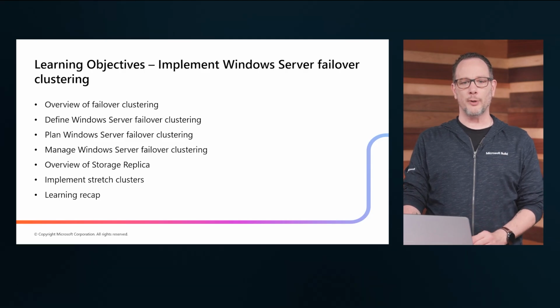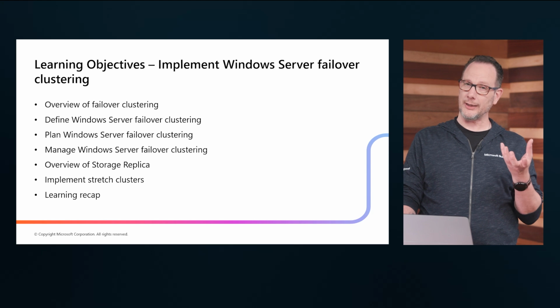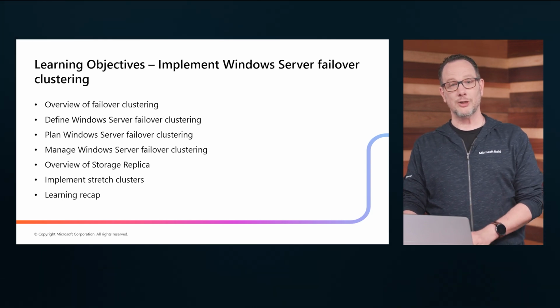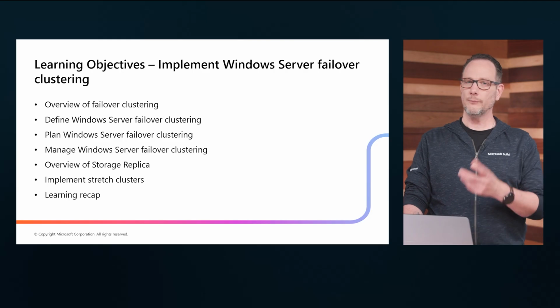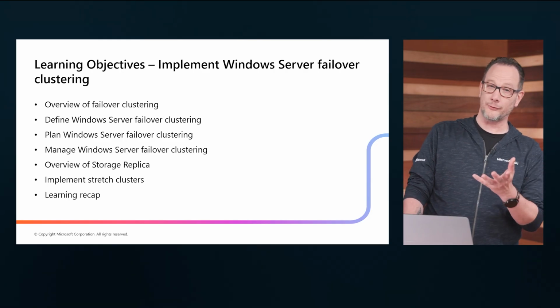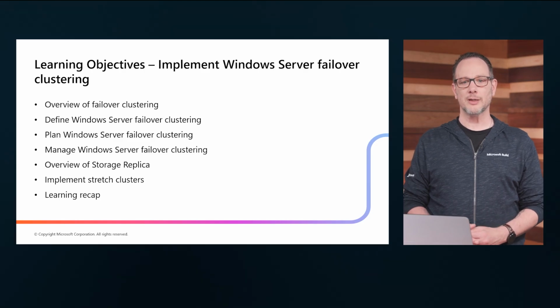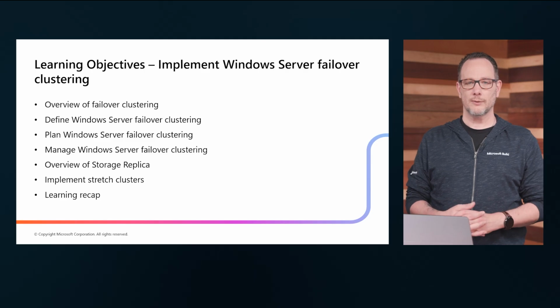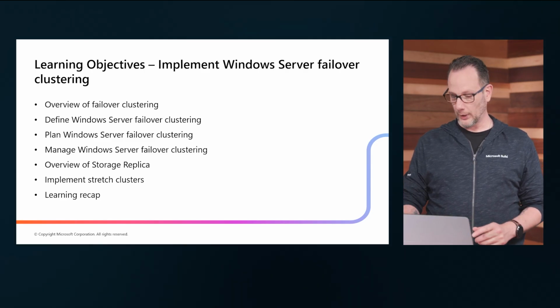And then next to that, looping through the definition, the setup, the planning, thinking about what we need, what the business requirement is, eventually going through the setup, and then obviously also managing the actual server, and then running a failover, running a failback, because that's what we typically do in a real-world environment. And then again, touching on some storage-specific aspects of your failover cluster integration.